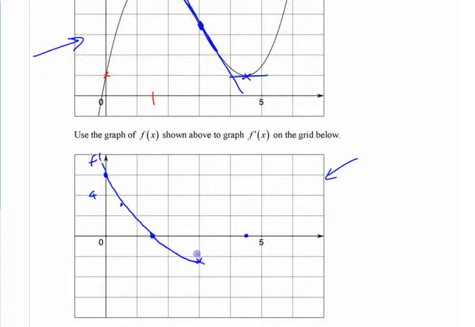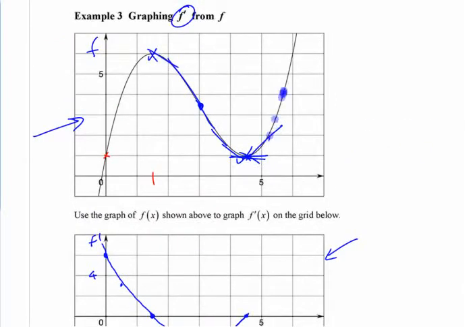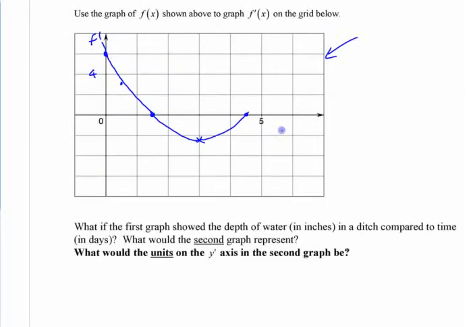After that the slope starts to increase again. It's getting less negative, up to 0 again. So it comes back up here. It is going to be symmetric because the function looks symmetric, so this derivative graph is going to be symmetric. It hits 0 right there, and then it's more and more positive as you go here, so it's going to go up something like that. Okay?